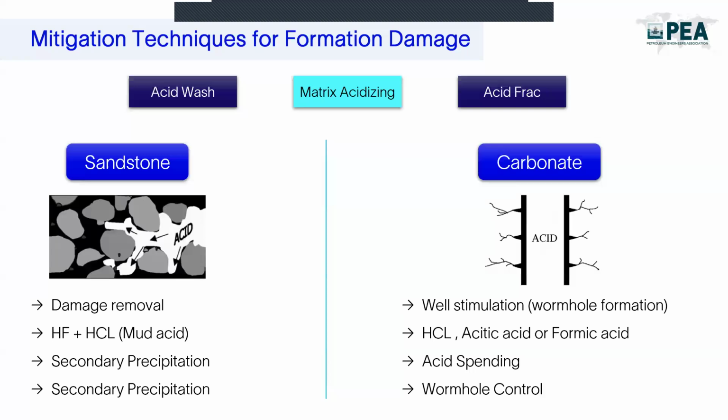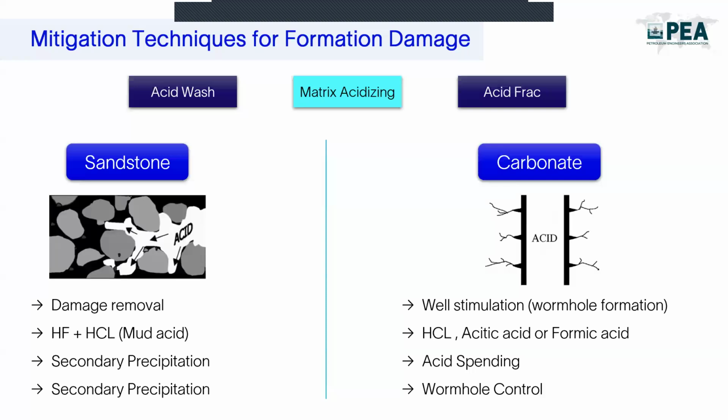The other thing is the reaction between HCl and carbonate minerals is typically rapid, often requiring careful control to ensure that the acid does not spend too quickly, so we don't spend all the acid too quickly. Otherwise we will have less penetration into the reservoir, and it may lead to uneven treatment or insufficient penetration.